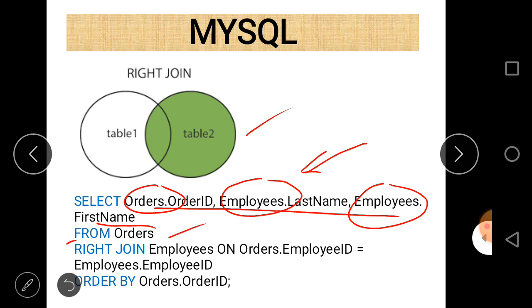Before this, put the from keyword, and then just write right join, and after the right join keyword, just write the name of table 2, which is employee in this case, and then the on keyword, and after that the condition. The condition is that employee id of both these tables is the same. So first the table name, orders dot employee id equal to employee dot employee id.